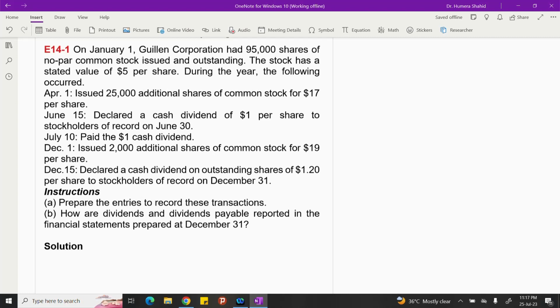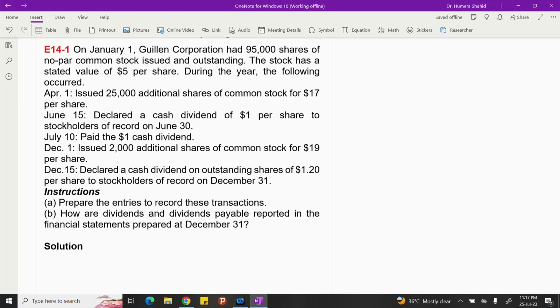April 1st, issued 25,000 additional shares of common stock for $17 per share. June 15, declared a cash dividend of $1 per share to the stockholders of record on June 30th. July 10, paid the $1 cash dividend. December 1st, issued 2,000 additional shares of common stock for $19 per share, and December 15, declared a cash dividend on outstanding shares of $1.2 per share to the stockholders of record on December 31st.